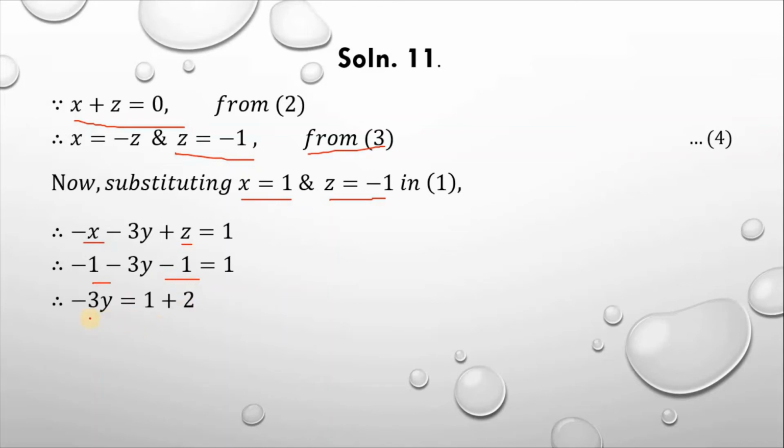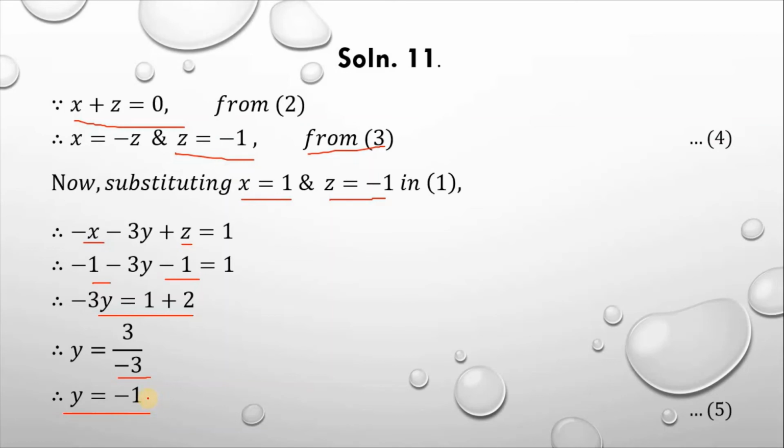So now solving it further will give you minus 3y equals 1 plus 2. Why? This is minus 1, this is also minus 1, so this will give you minus 2, and this will go to the other side and become plus 2. And now on solving again, y will become 3 upon minus 3, the minus 3 comes into the denominator, and y will give you the value minus 1, which will be our equation number 5.